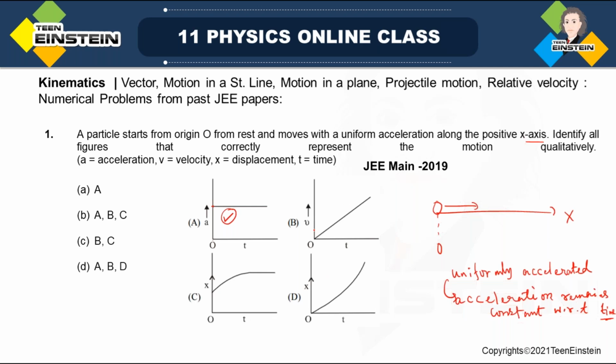You can look here. See, when the time was 0, velocity was 0. When the time is increasing, velocity also increases. And that increment is uniform, it is increasing with a constant slope. You can see that with a constant slope.